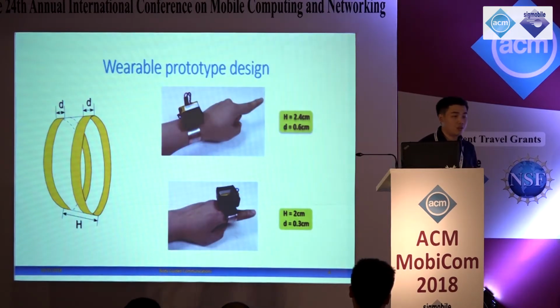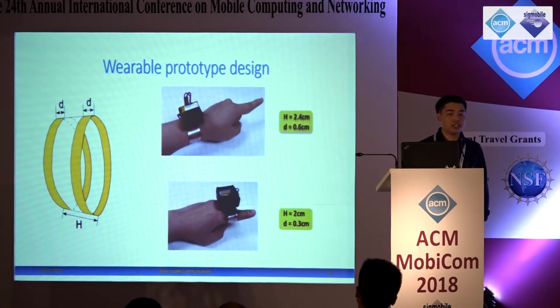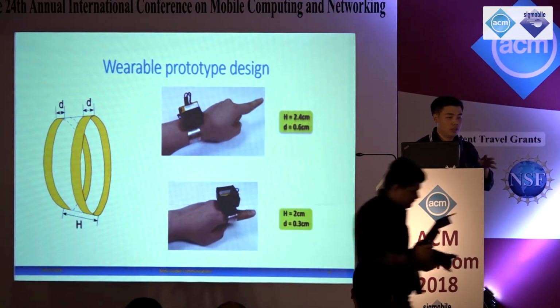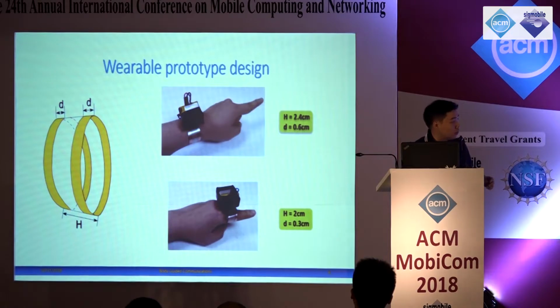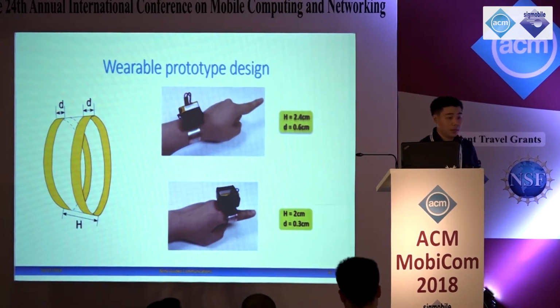Okay, so now let's look at the wearable design. In order to maximize the received signal at the touch receiver, we want to put the transmitter as close as possible to the touch device. There are two positions where we can put the touch token, which is the smartwatch, the wristband, and the ring.